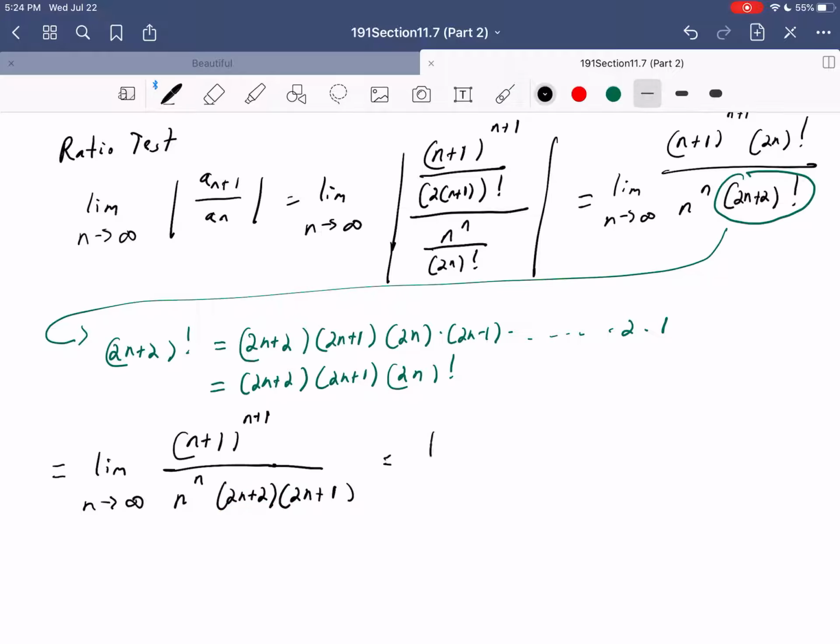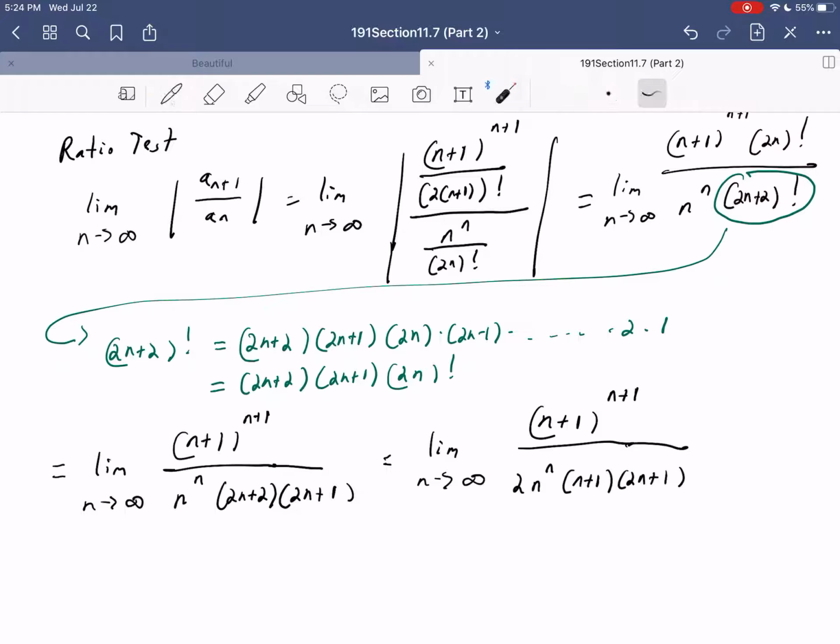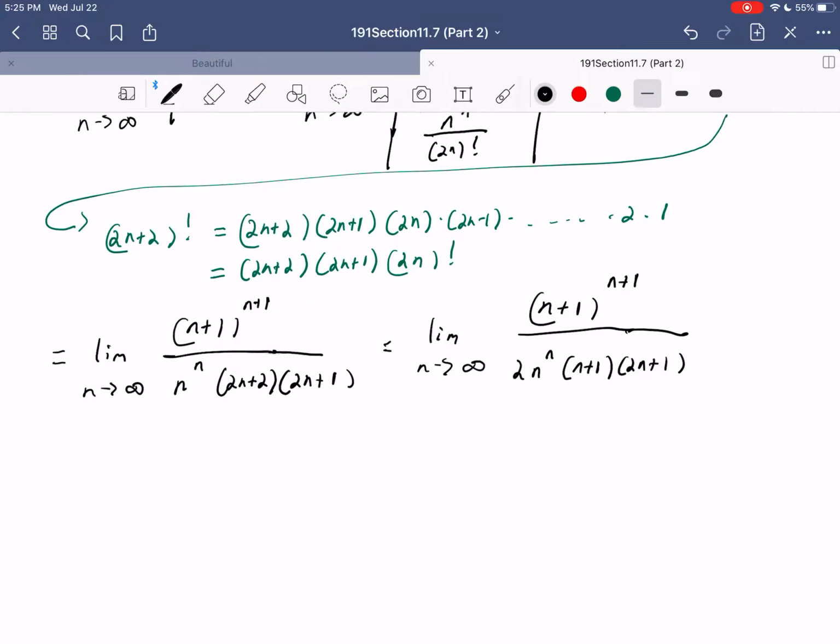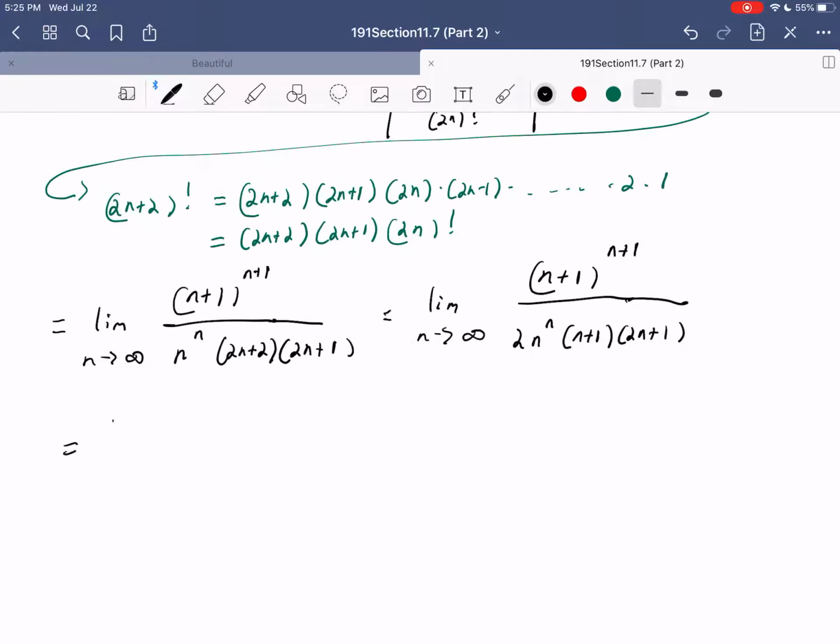So we can think about this as the limit as n goes to infinity of (n+1) to the n+1 over 2(n+1) times n to the n times (2n+1). Now we can cancel the n+1 with one of the n+1s up top. And we can get this thing into the limit as n goes to infinity of (n+1) to the n over 2 times n to the n times (2n+1).